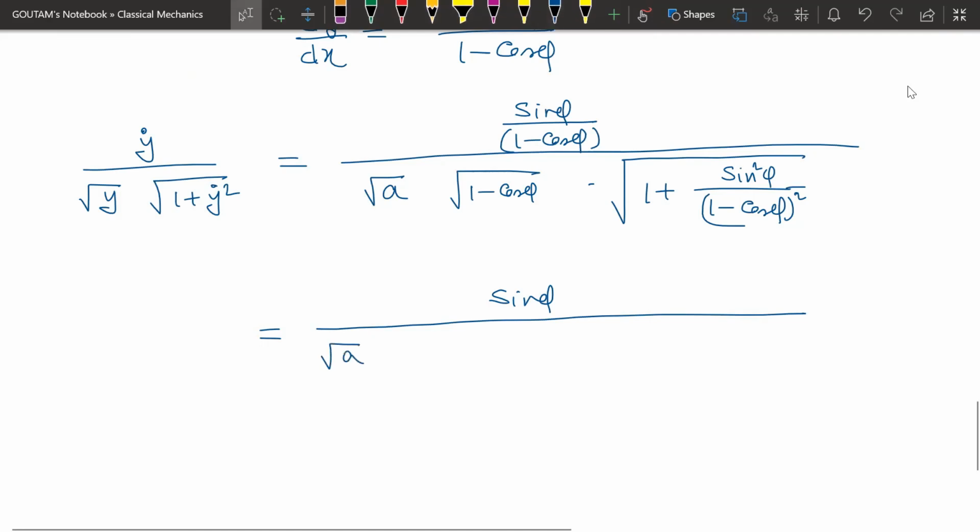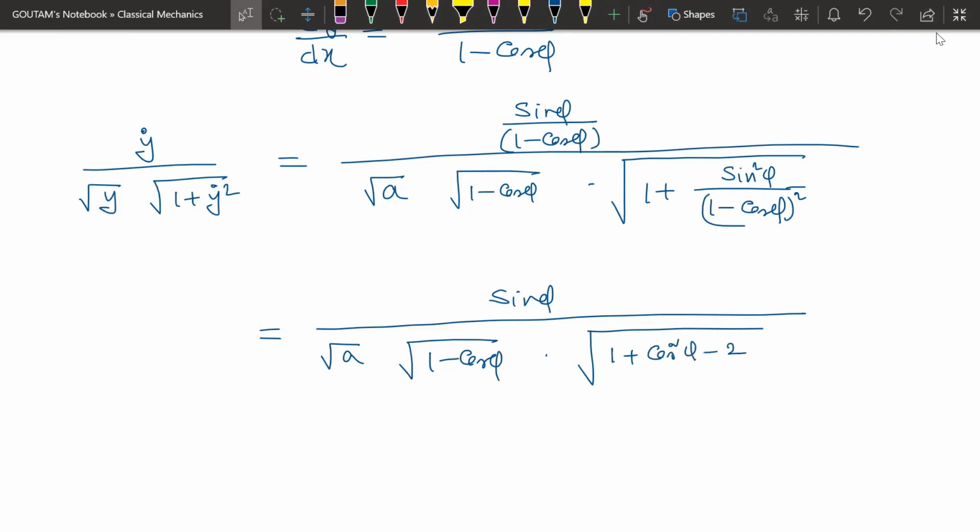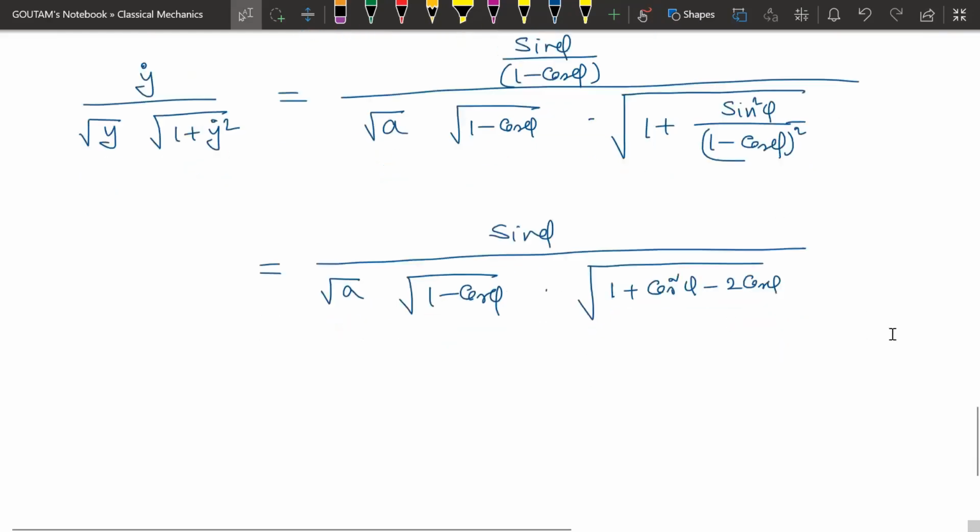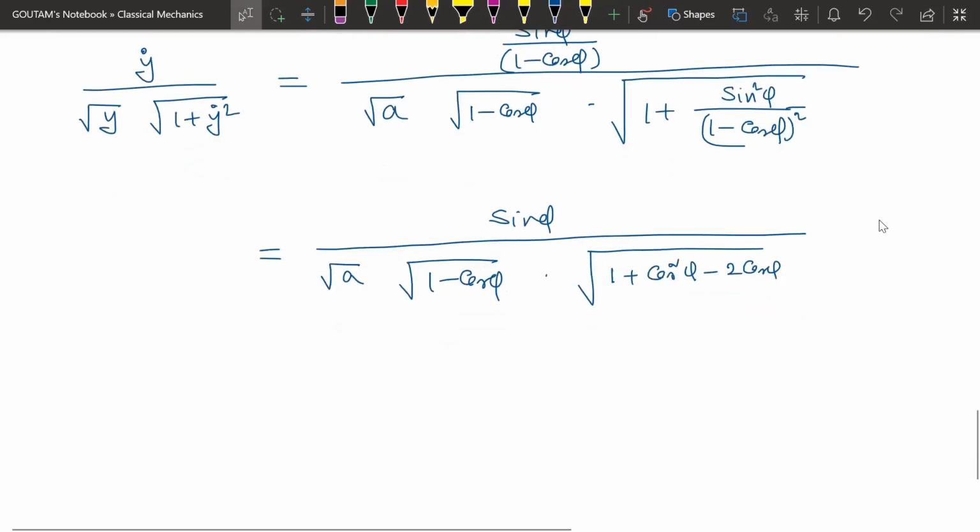Root a, root under (1 minus cos φ), times root under, so if we add it with this one, then this term will be 1 plus cos square φ minus 2 cos φ, which is the formula of (a minus b) whole square, plus sin square φ.